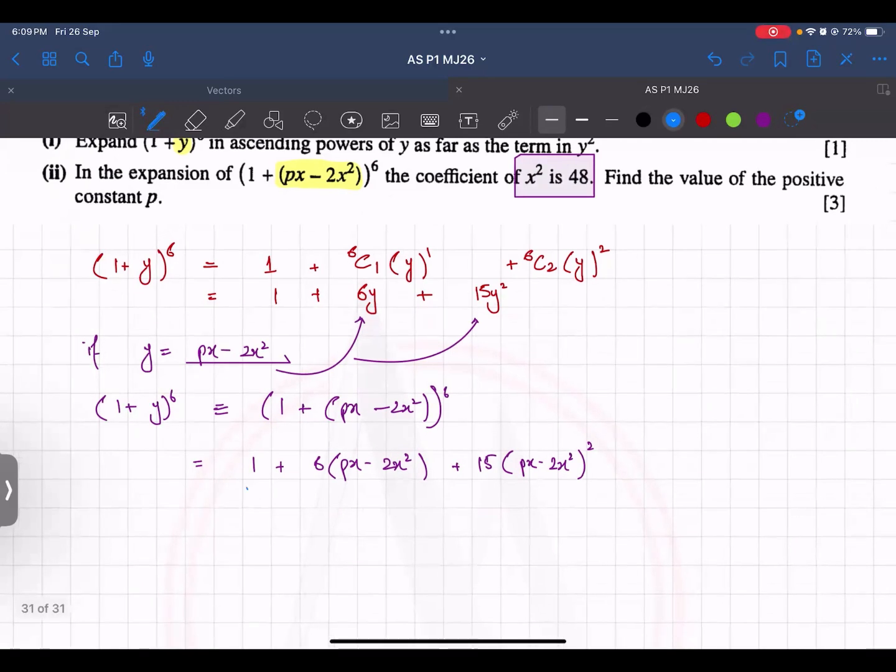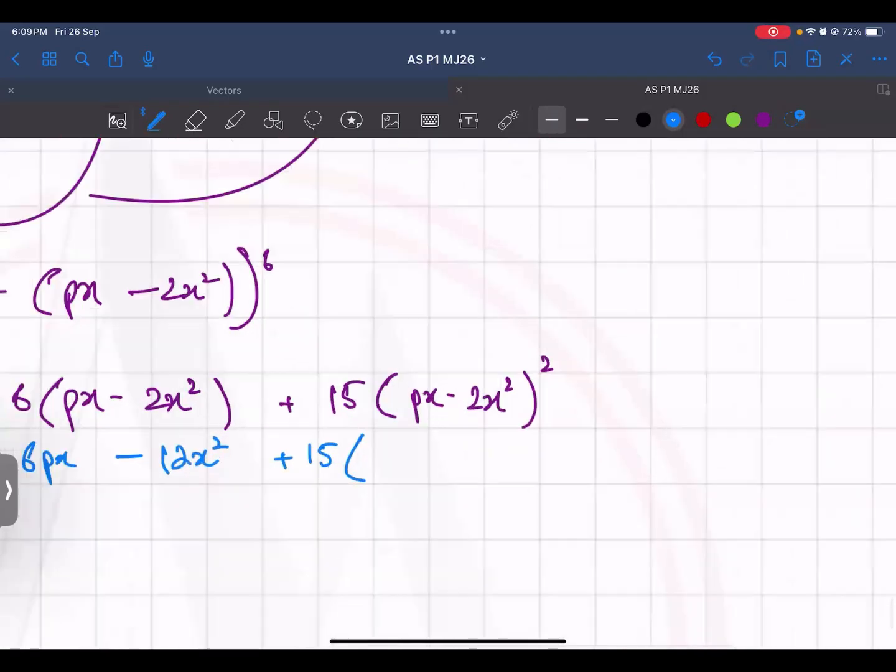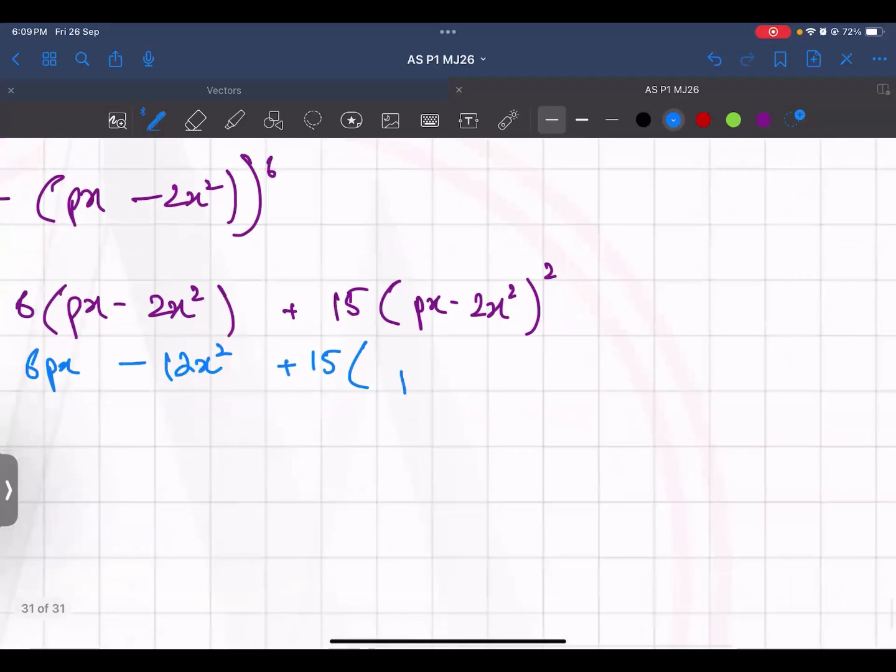If you expand this, you will get 1 plus 6px minus 12x square, and plus 15, and then you expand the bracket using the identity a square minus 2ab plus b square, because this is a whole square. So a square will be p square x square, minus 2ab, so 2ab will be 2p x cube, and then plus 4x power 4.